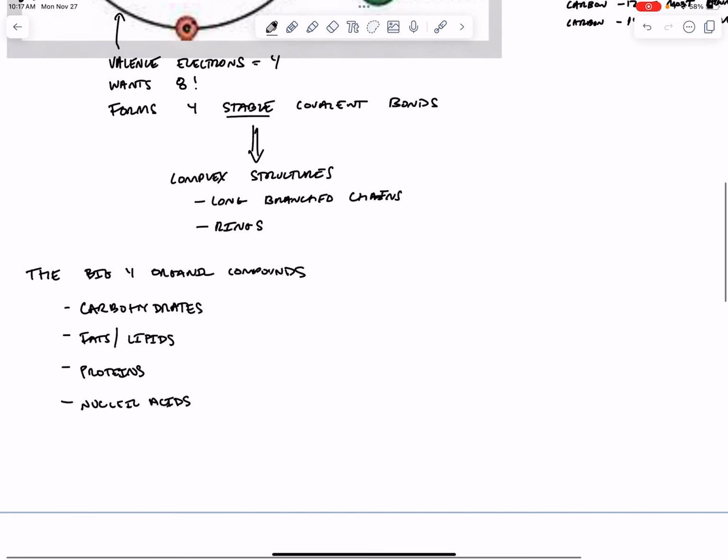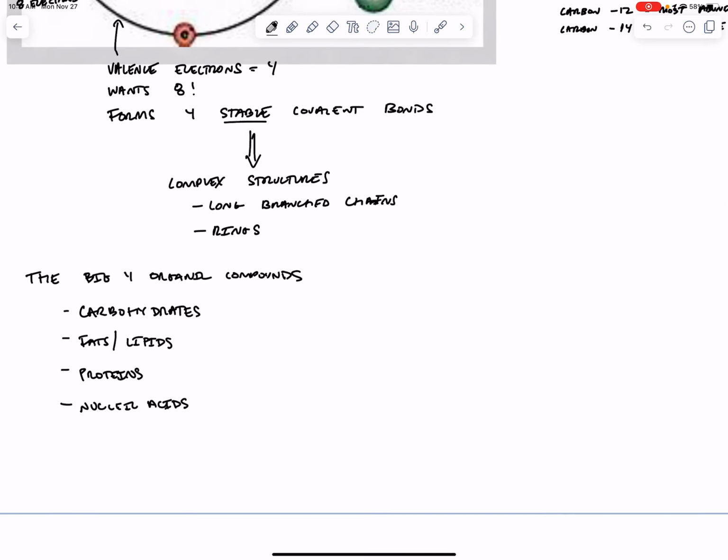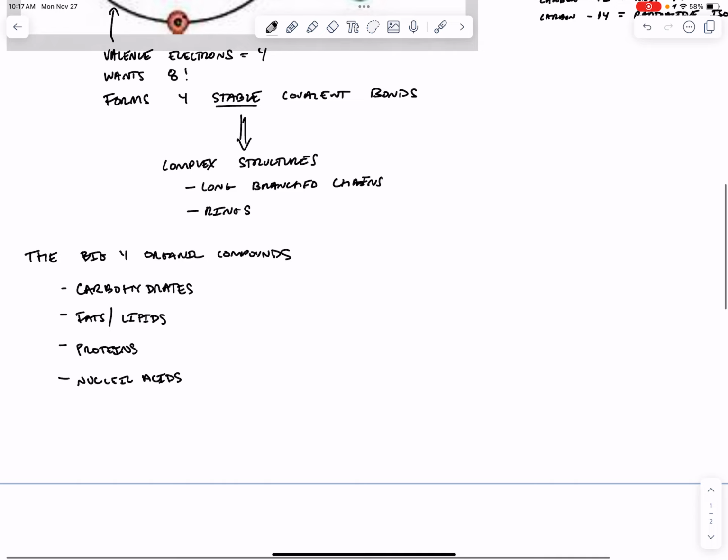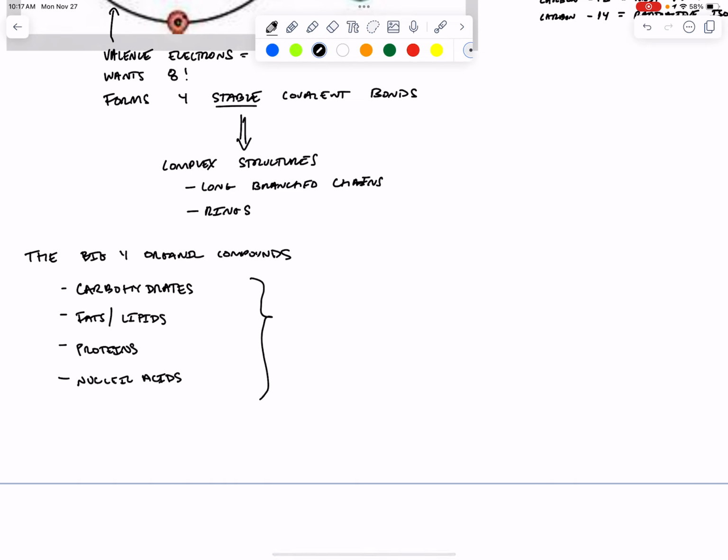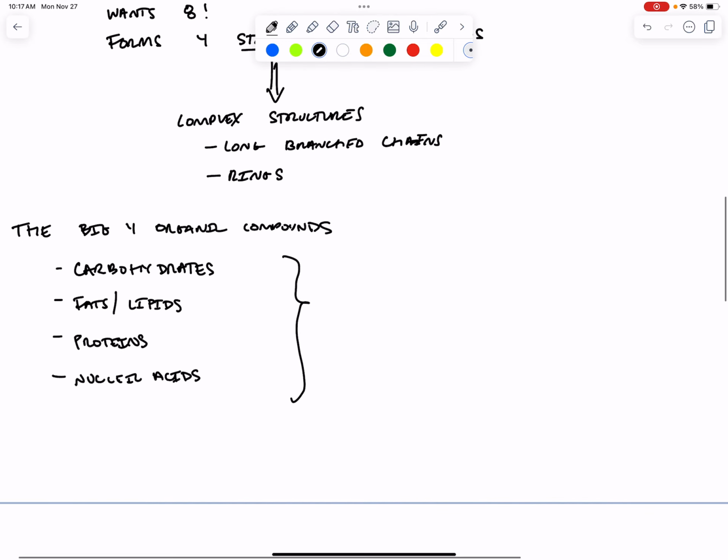They're all made up of types of carbon chains or rings, and they all have basic building blocks.